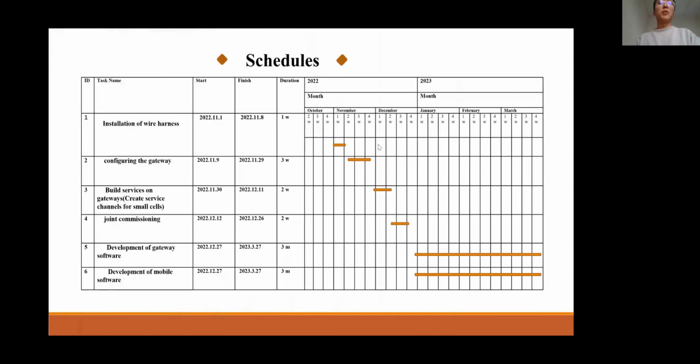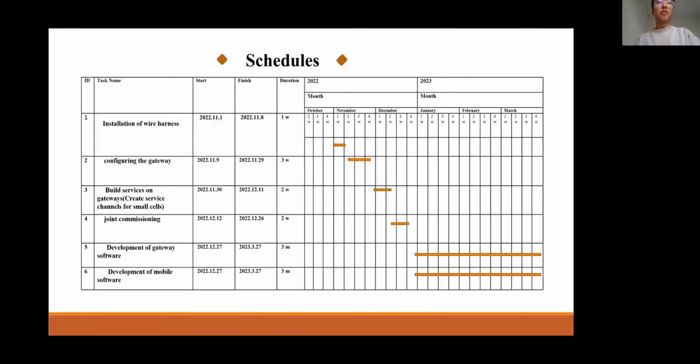So now I will talk about our schedule. I will divide it into 6 missions. Mission 1 is installation of the wire harness, which will cost us about 1 week. The second mission is configuring the gateway, which will cost us 3 weeks. The third mission is to build services on gateways and create service channels for small cells, which will cost us about 2 weeks.